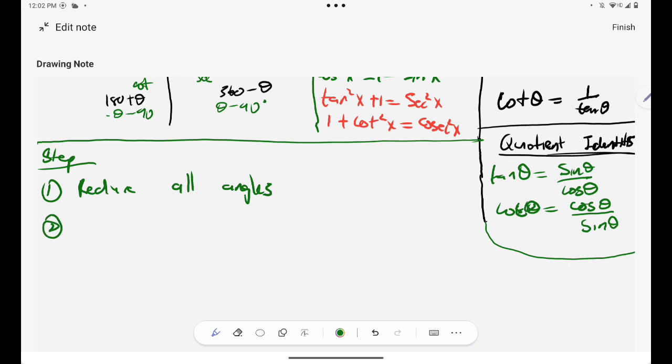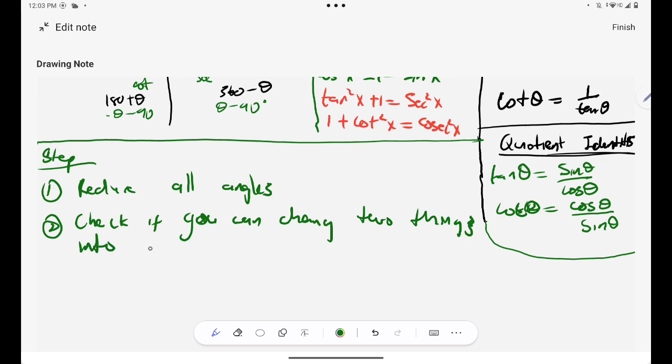Step number 2, check if you can change two things into one thing.